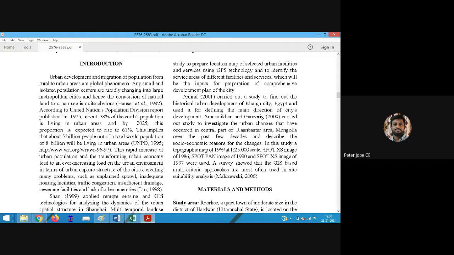We have several towns and small junctions all across our state, and we can see how unplanned development has affected the total well-being of the people living around there.